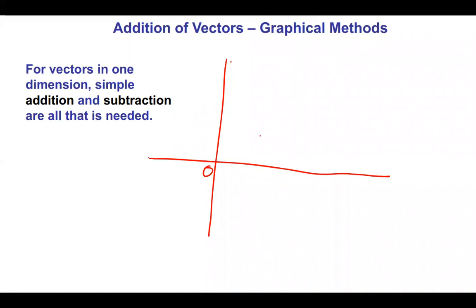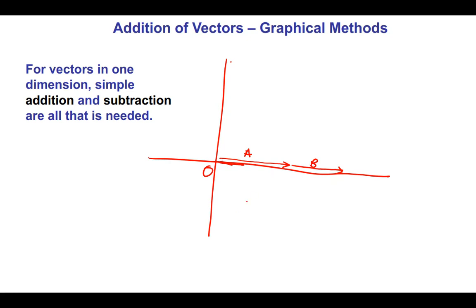only in the X. So for instance, if you have vectors in the X, I'll draw it a bit on top of the x-axis, just for you to see what I'm doing. If you have vector A, you also have vector B in the same direction.